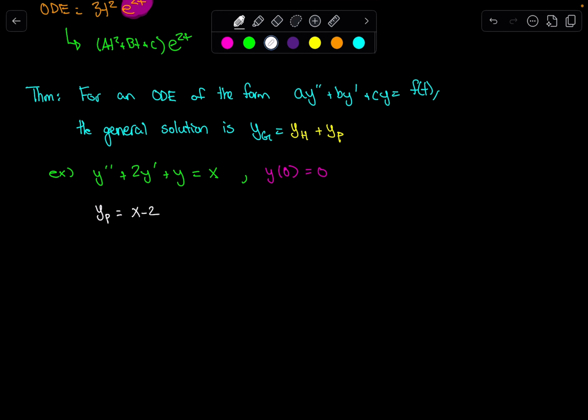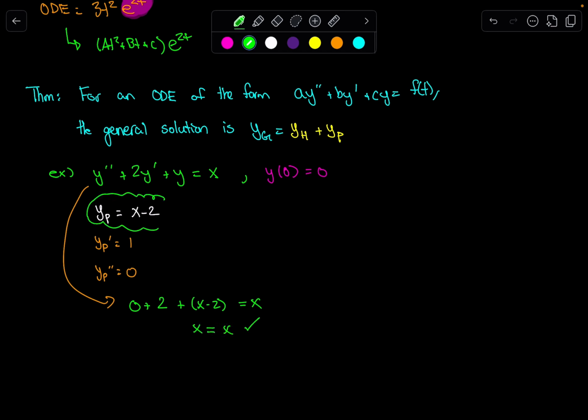We can easily verify this because the derivative is equal to 1, the second derivative is equal to 0. So if I plug all of these into my differential equation, I get 0 plus 2 plus x minus 2. And the question is, does that equal x? And of course, we do get x is equal to x. So check mark, this is the particular solution. It solves this differential equation.